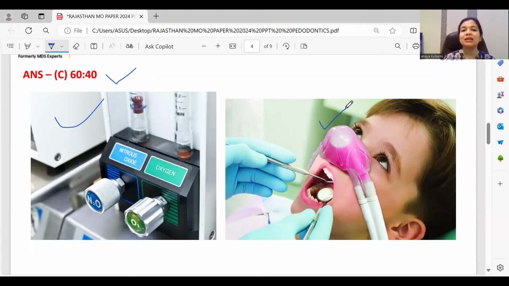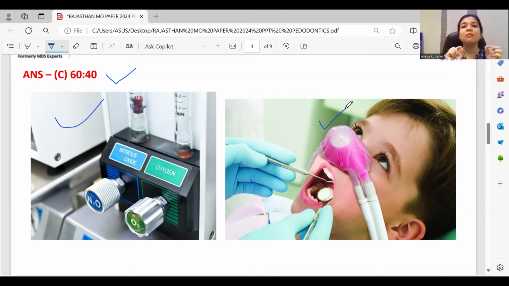So once the patient has started showing symptoms of anxiolysis, symptoms of relaxation, of euphoria, even if it is at 30 or 40% of nitrous oxide, you must immediately stop there. You must not increase nitrous oxide anymore, and you can start the procedure. If the patient requires more, the patient is still not showing any symptoms, you can go further.